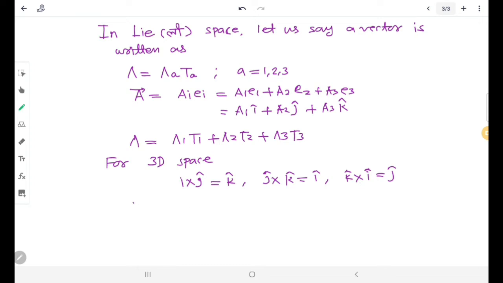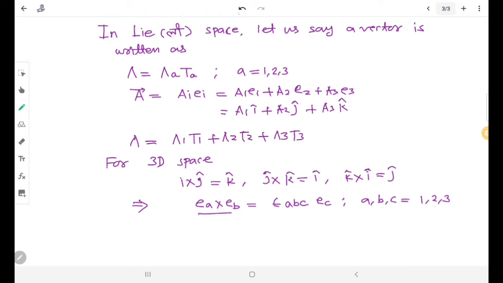In a single format we can write it in component form: ea cross eb is epsilon abc ec, where a, b, c are the indices and they run from 1 to 3. This is what we have, and these are your basis vectors.